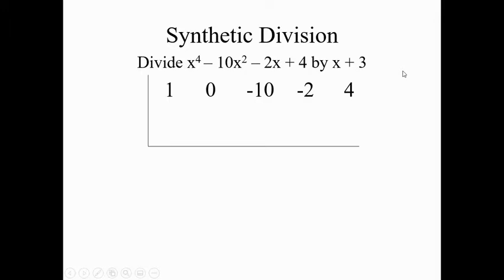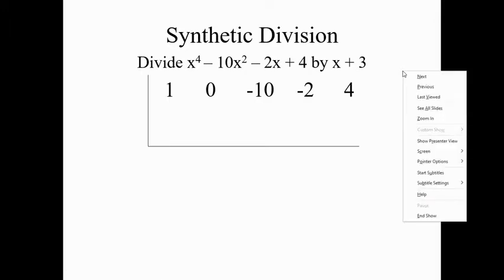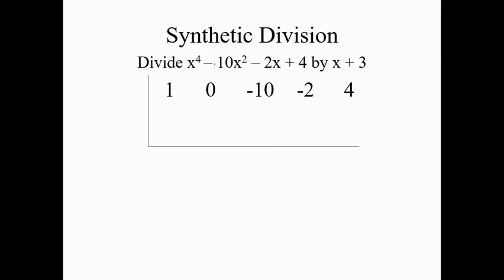Then we're missing the x cubed term, so we have a 0 as a placeholder. Then we have minus 10 for x squared, minus 2, and then plus 4 for the constant. The minus 3 again comes from the x plus 3. Remember, you take the opposite number.